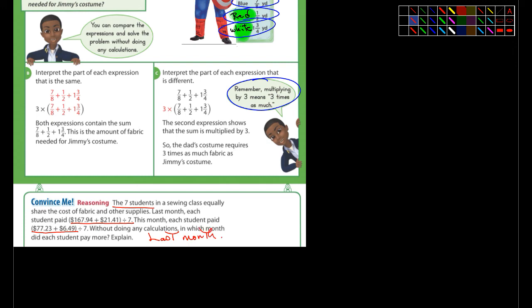And the reason is because the total, what's in the parentheses, in last month is much greater than the total in this month. 167 is a lot bigger than $77, and $21 is a lot more than $6. All right, so you can explain that and put it in your own words.